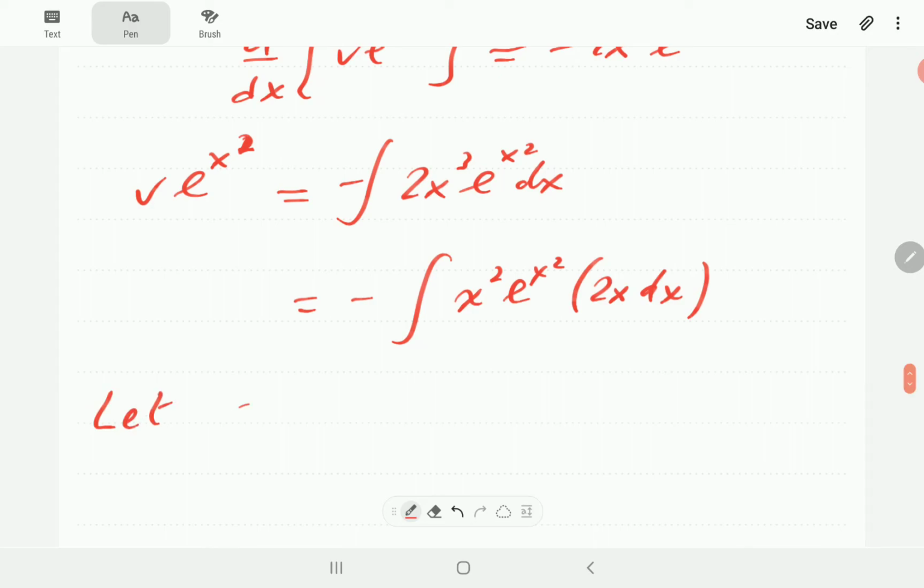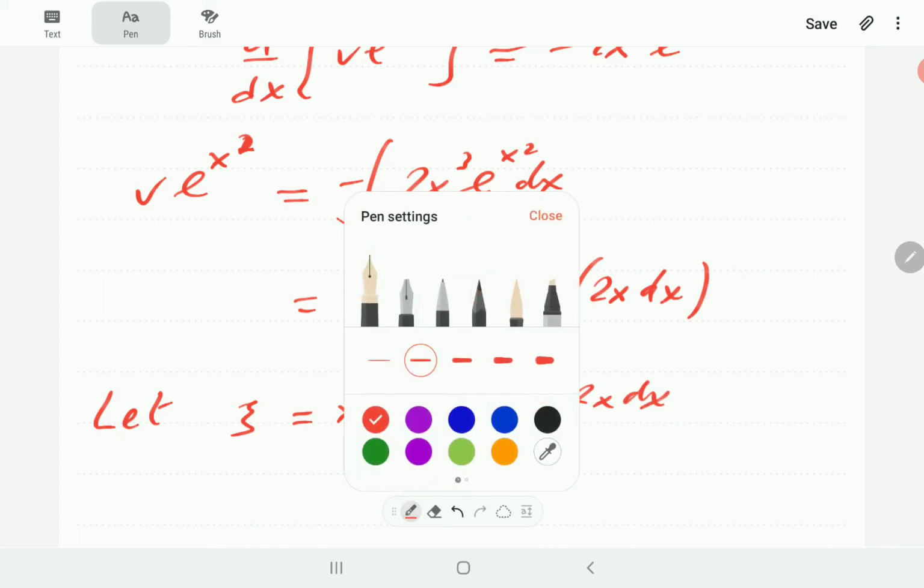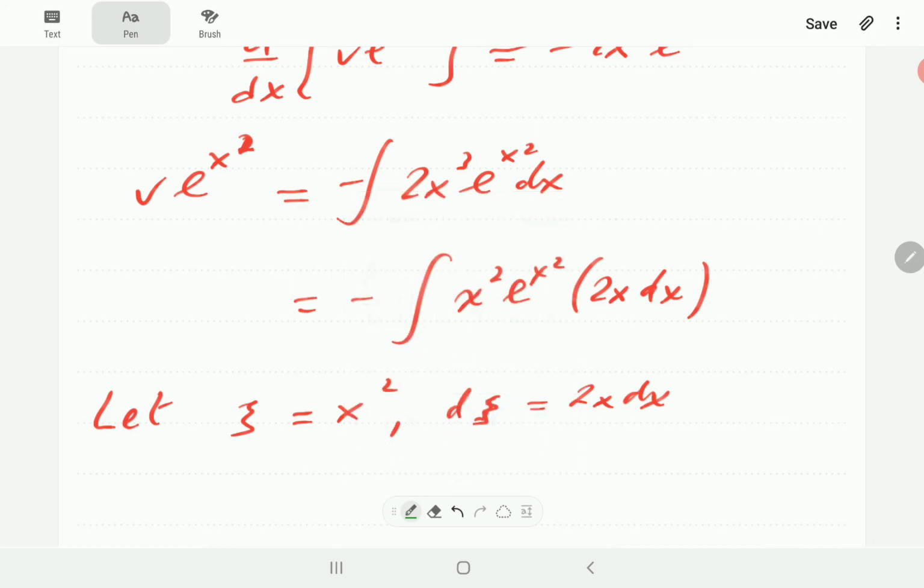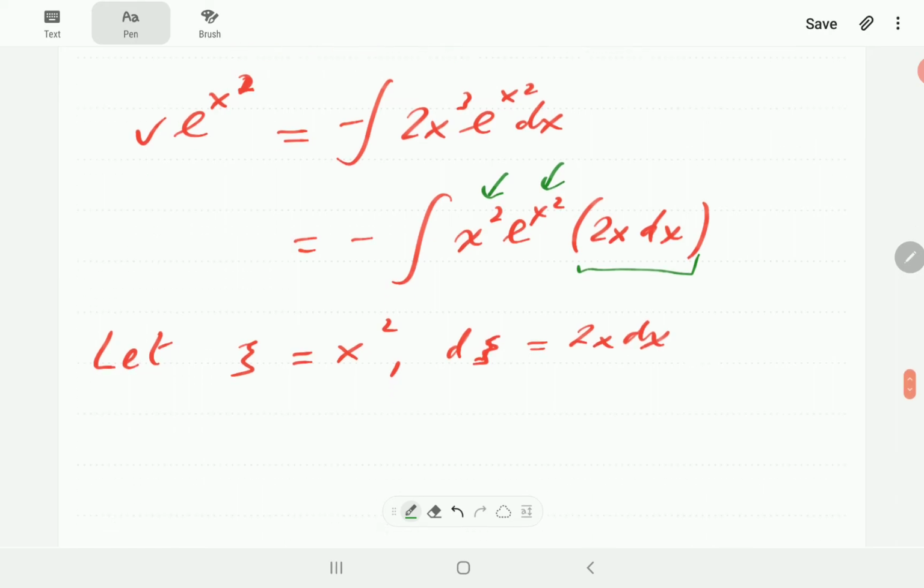So let xi be x squared. dxi is going to be 2x dx. So that means this is just dxi, that is xi, and that is xi.